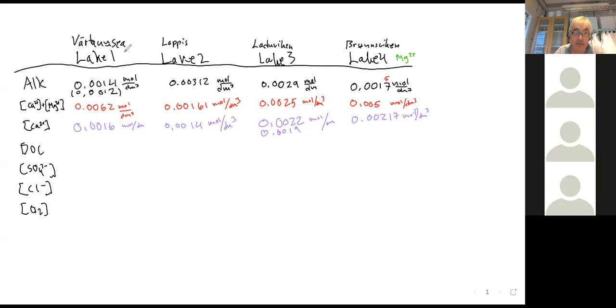Here it's a lot more magnesium since the calcium is not very large. While in Lake 2 and 3, the calcium and magnesium is approximately equal, even here.